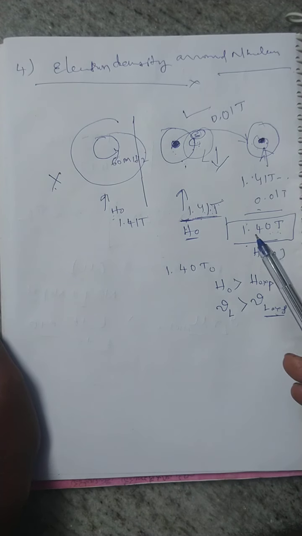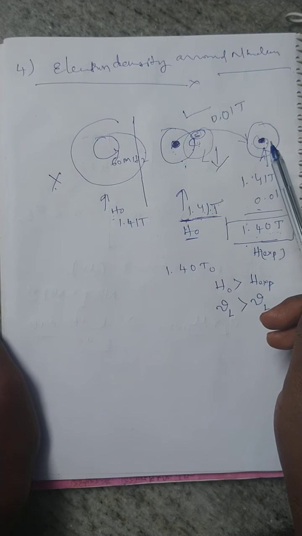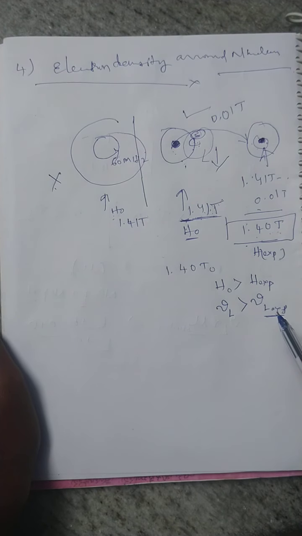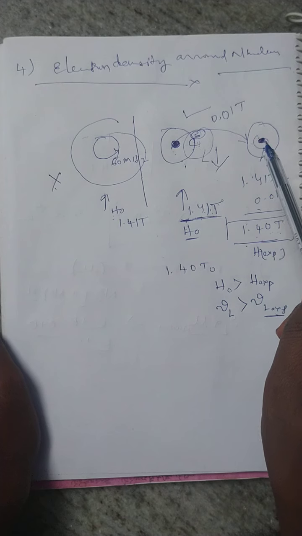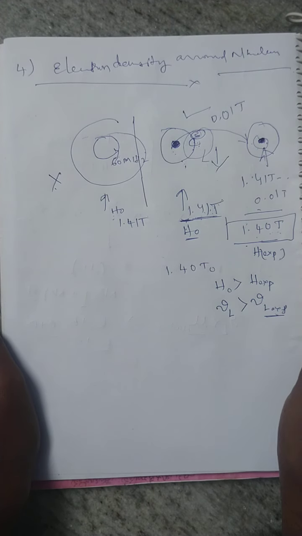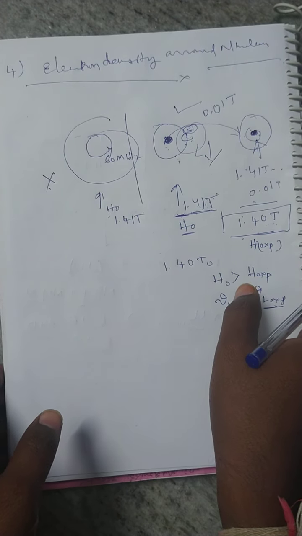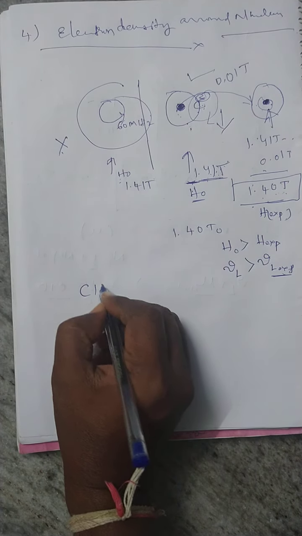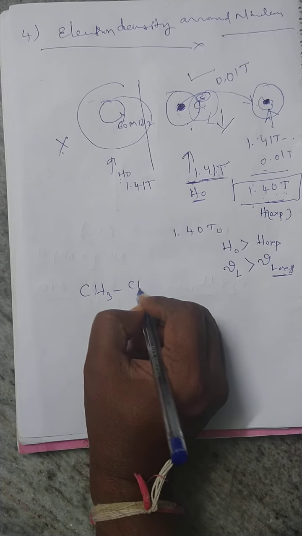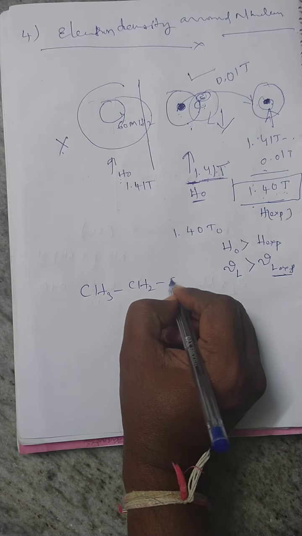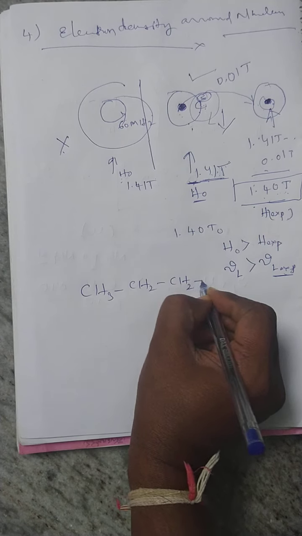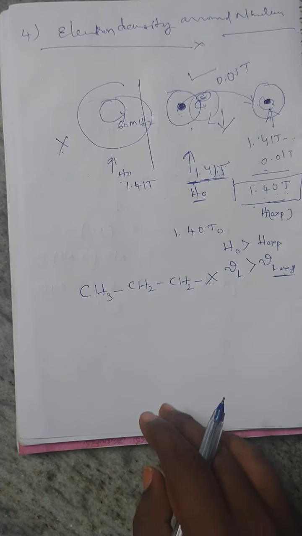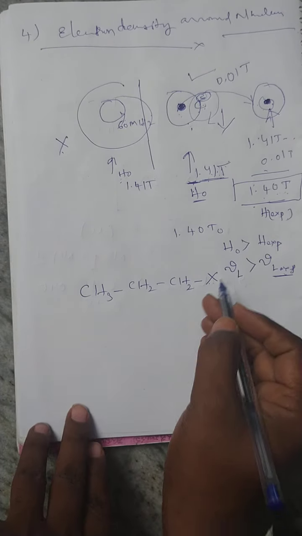So the lower the magnetic field experienced by the nucleus, the lower will be the Larmor frequency of this nucleus, right. So here, let us discuss, and in the applications of proton NMR we will clearly discuss all these things. So here it is a propyl halide, right.